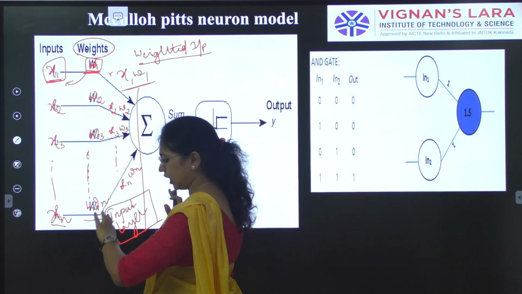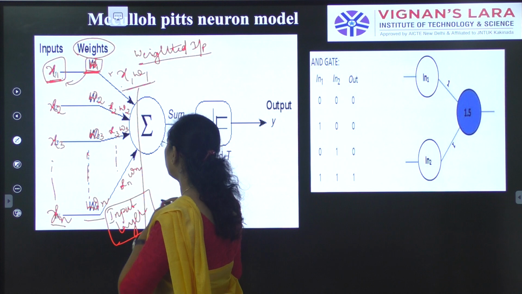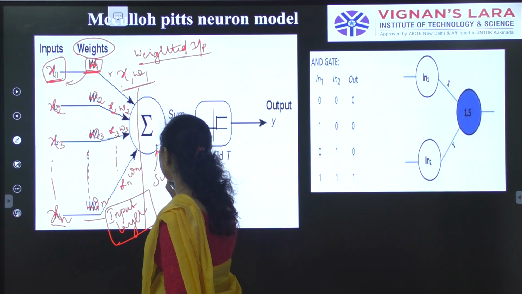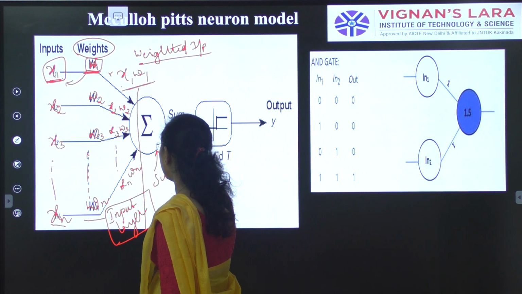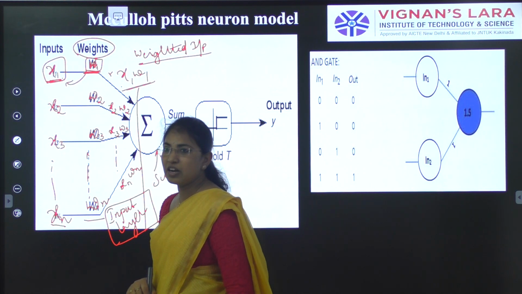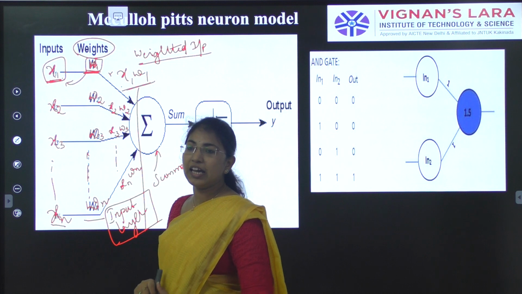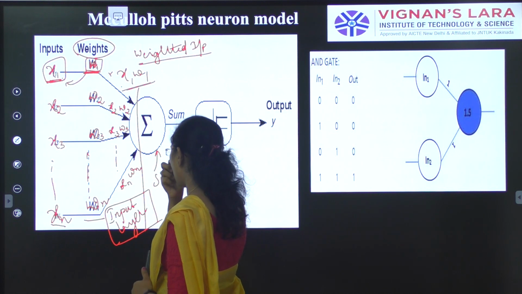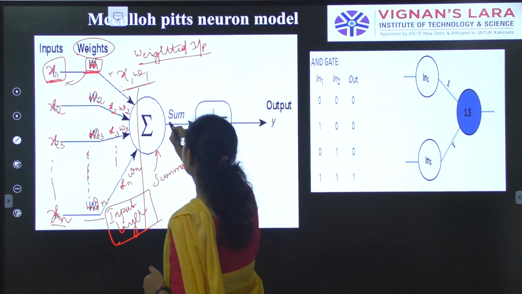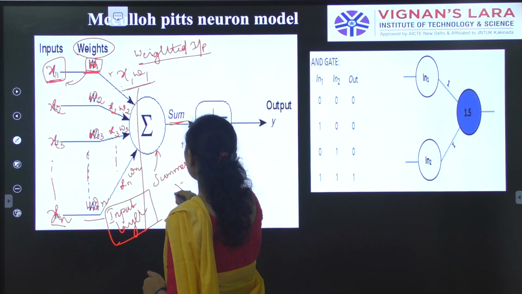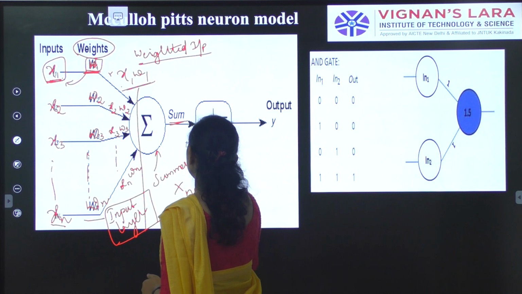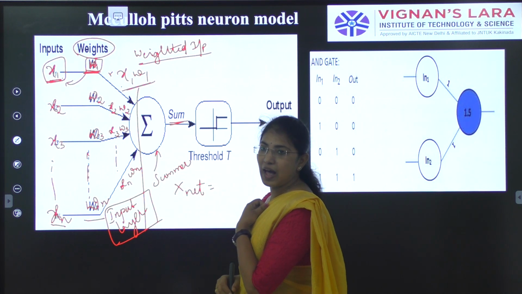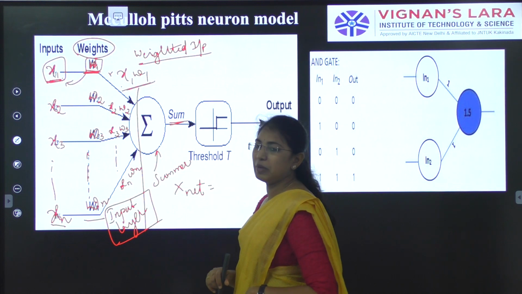We are going to send all these n weighted inputs to the summer block. This is called the summation or summer block, and this summer will sum up the entire information of these n weighted inputs. The output of this summation block we can call X net, the net input value at the output of the summation block.